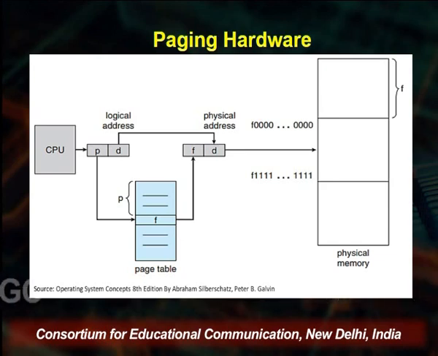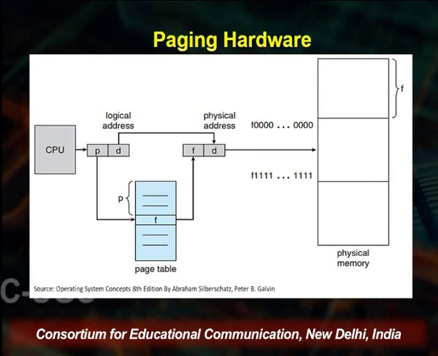That means how much is to be shifted within a particular frame or within the cluster of frames. So let us try to see it once again. The CPU is going to generate a logical address consisting of two parts. One is P, another one is D. D is kept as it is. P is checked in the page table. Whatever corresponding frame number is there, that frame number is taken.